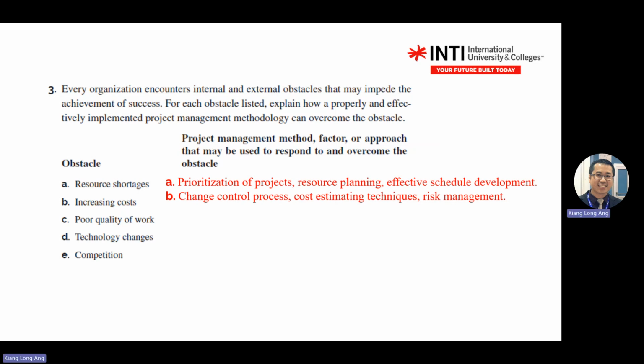Poor quality of work. Now, let's say you have everything, but your production gives you poor quality of work. So what project management method or approach may be used to respond to or overcome this poor quality of work?